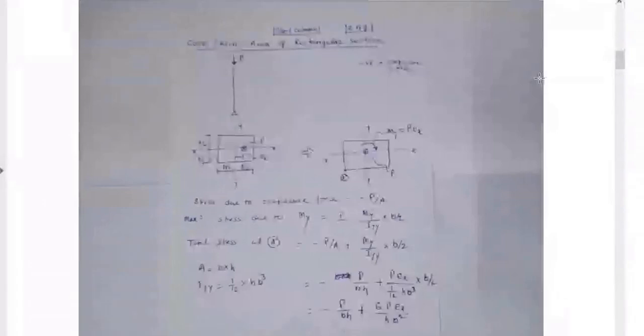We mark this eccentricity ex, with suffix x, because we are measuring it along the x-axis, but this eccentricity is about the y-axis. That means if we multiply this force by this eccentricity, that produces a moment about the y-axis. That's why it is called the eccentricity about the y-axis, but we measure the ex along the x-axis.